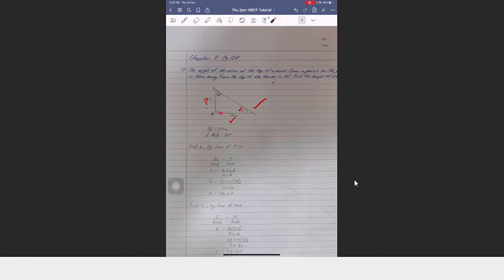Adjacent is given, and you know this angle, 30. So just use tangent 30 equals AB over 30. So AB is 30 tangent 30 degrees.